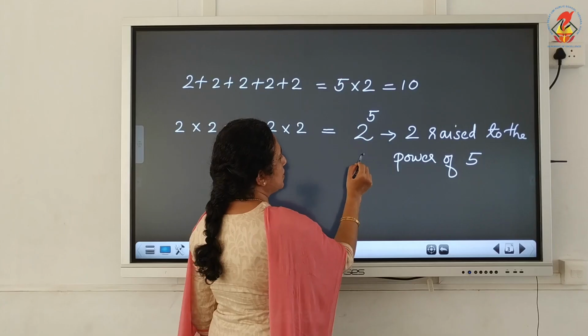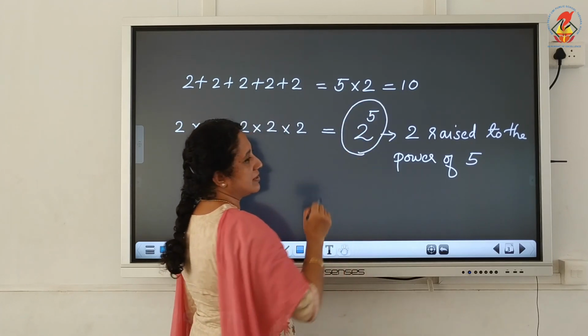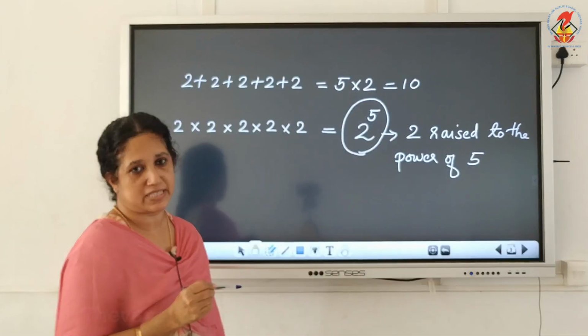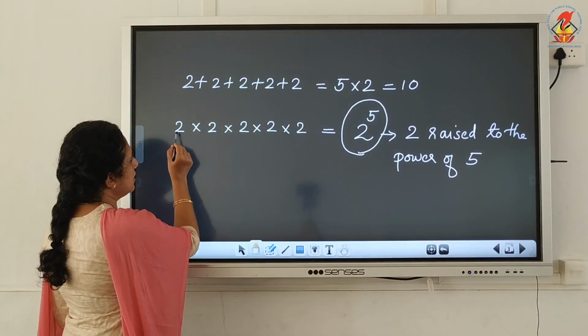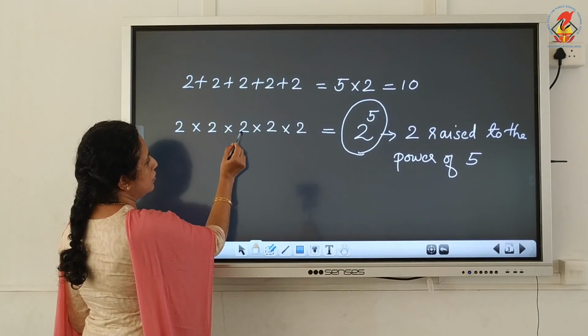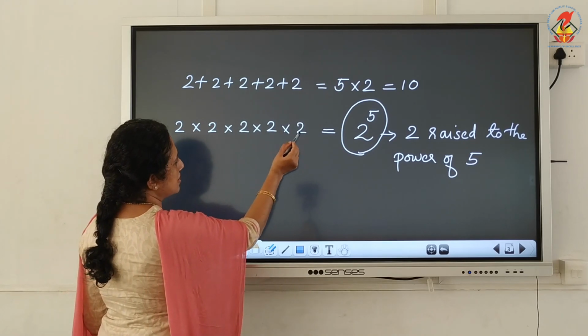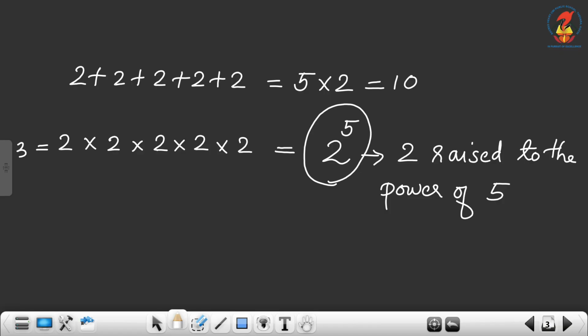This 2 raised to the power 5 is known as the exponential form. Now we know that 2 into 2 is 4, 4 into 2 is 8, 8 into 2 is 16, 16 into 2 is equal to 32. So the number 32 we can write as 2 into 2 into 2 into 2 into 2, where the number 2 is multiplied by itself 5 times.